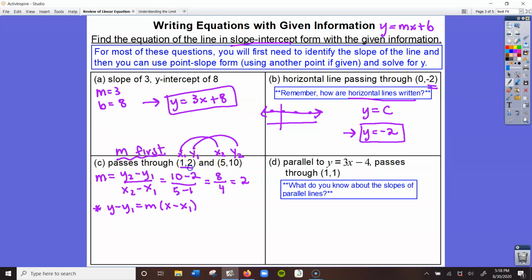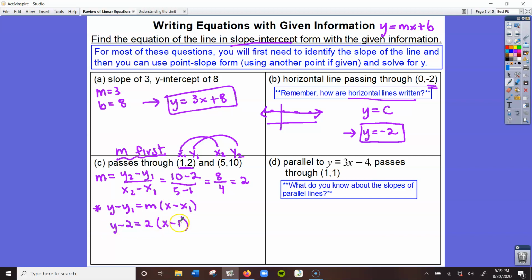I'm going to use (1, 2) since it has, I don't know, cuter numbers. And then we have the slope, which is 2. So I'm going to plug in the y value for y1 and the x value for x1. So when we plug it in, we get y minus the y value, which is 2, equals the slope that we found to be 2, times (x minus the x value, which is 1).